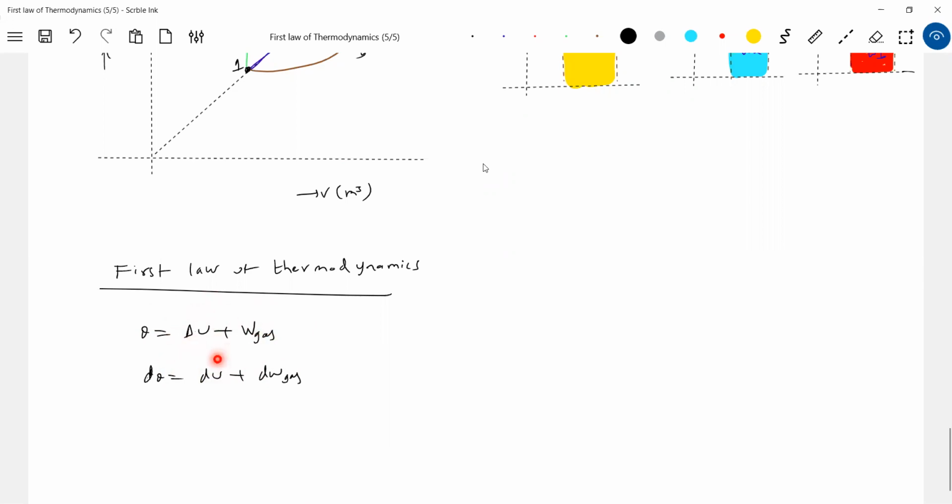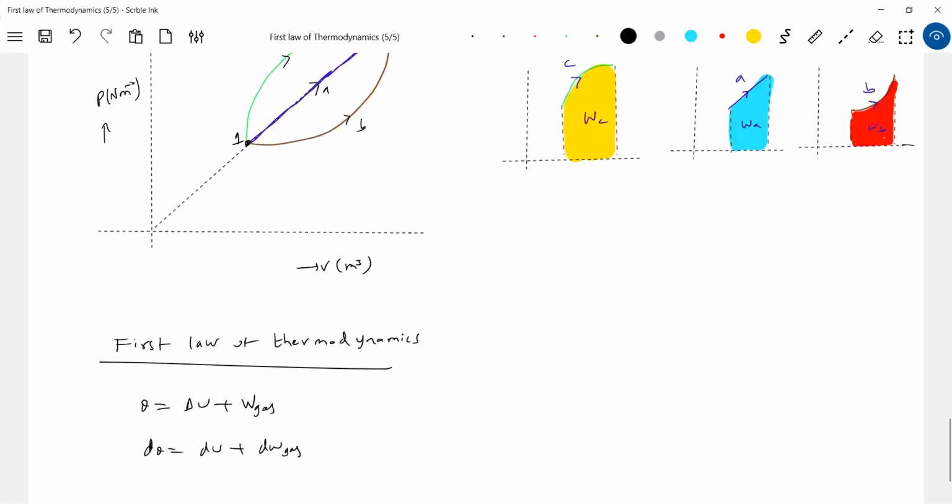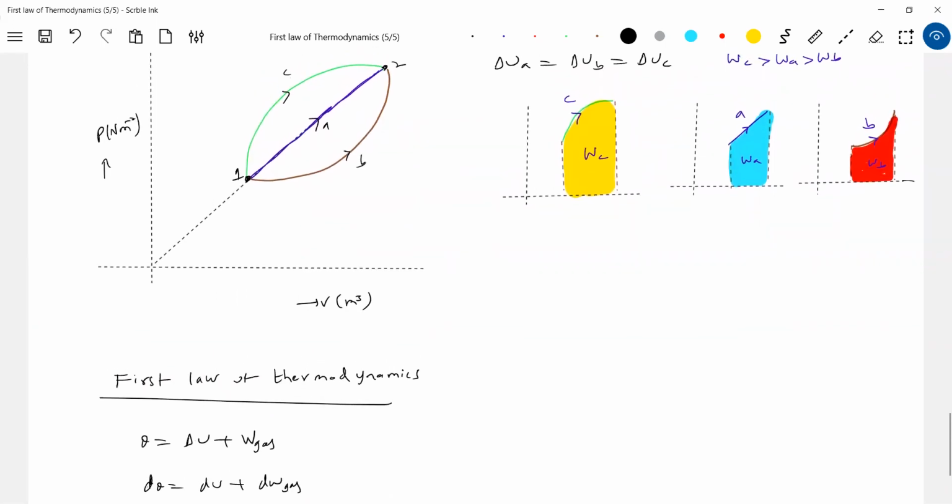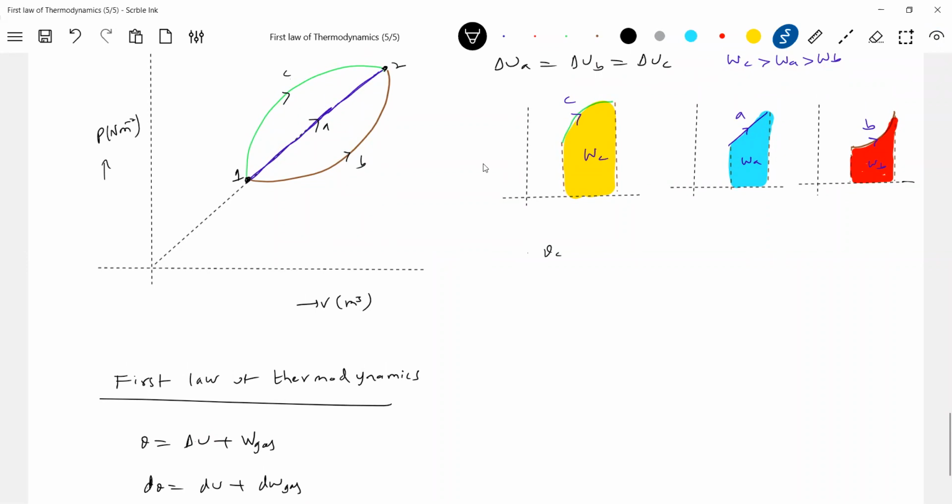Now, keeping this in mind, delta U is the same for all three paths. W_C is greater than W_A and W_B. So what can you say? Q_C is greater than Q_A, which is greater than Q_B. Agreed? How can you say that?